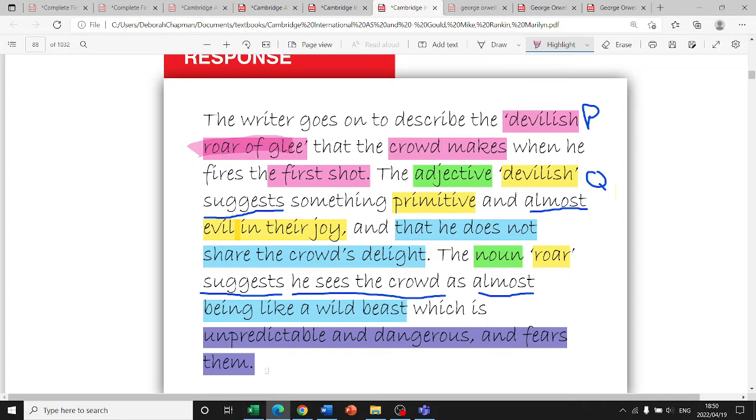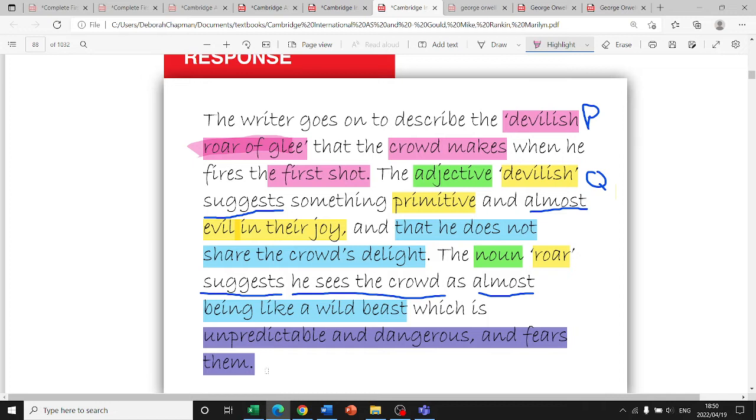The word devilish roar of glee means that the crowd is unpredictable and dangerous, and there's a certain amount of fear inside of him. So I'm explaining, through the use of my fantastic understanding of these words, adjectives and nouns, what it might suggest.